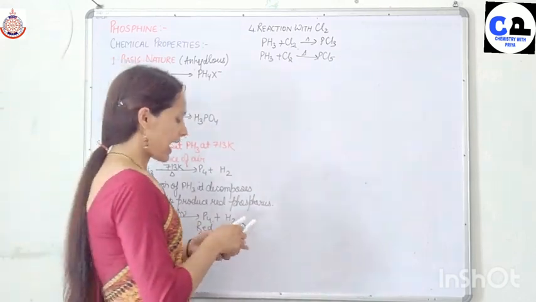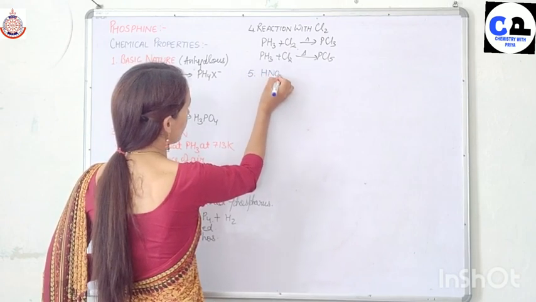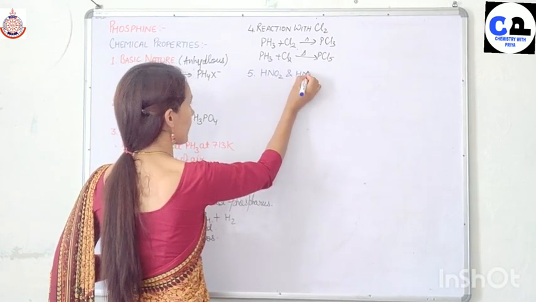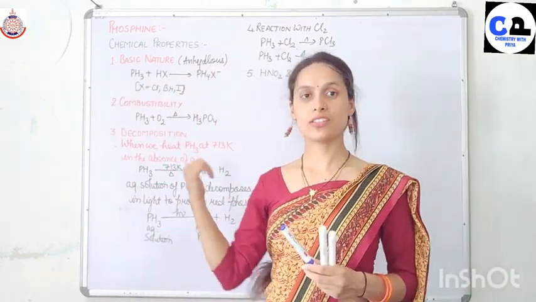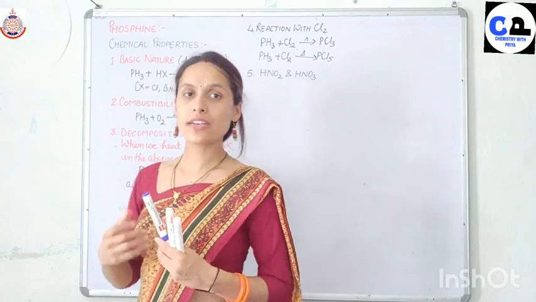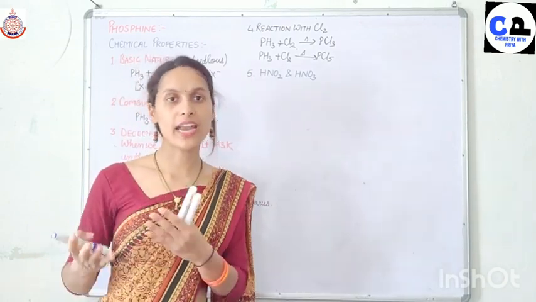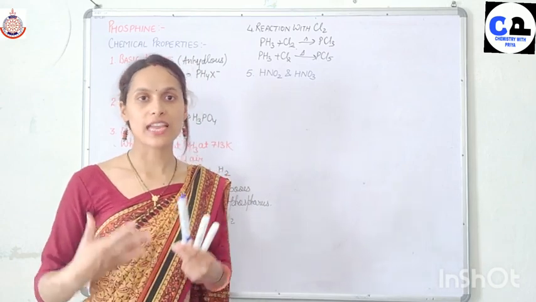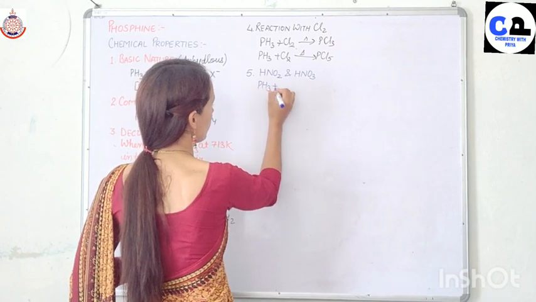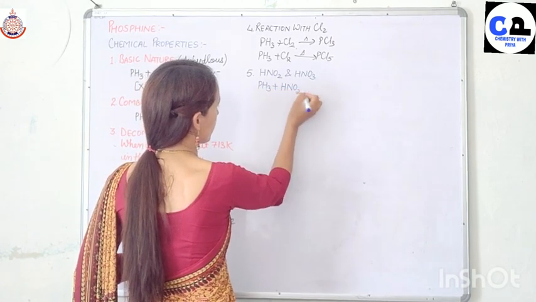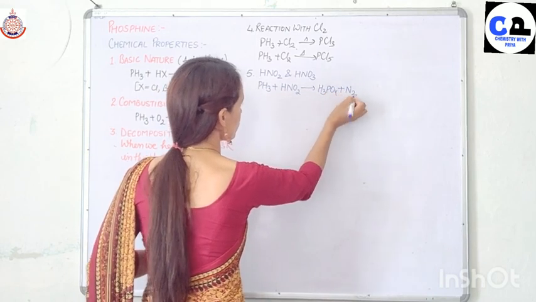Now, the reaction of PH3 with HNO2 and HNO3. When the phosphine reacts with HNO2 and HNO3, it reduces HNO3 and HNO2 to N2 and itself gets oxidized to H3PO4. So the reaction becomes PH3 plus HNO2 gives H3PO4 plus N2.